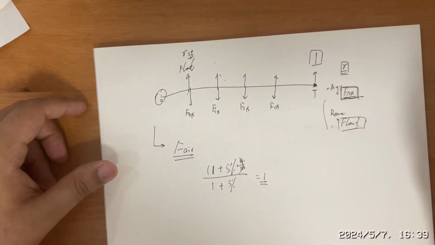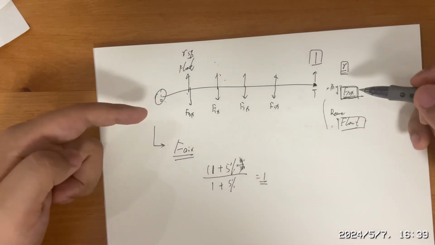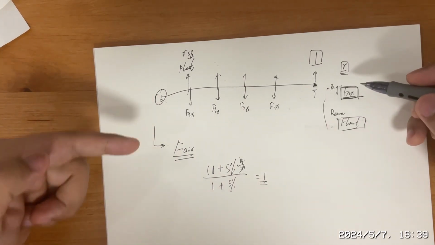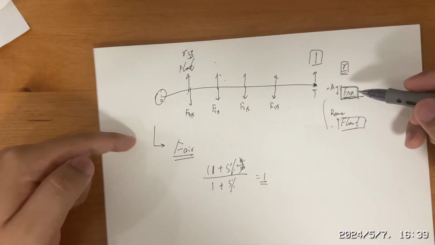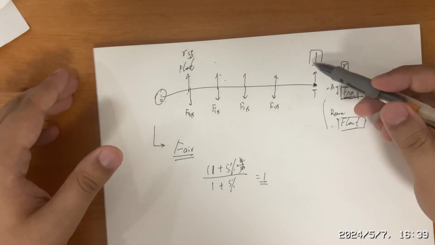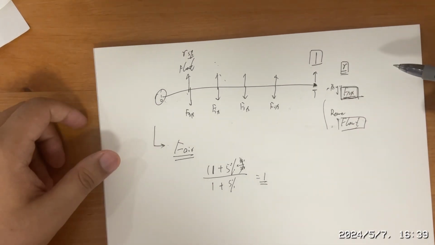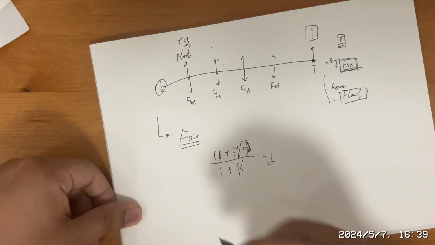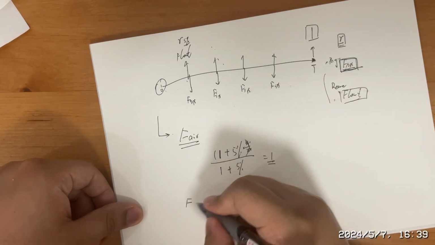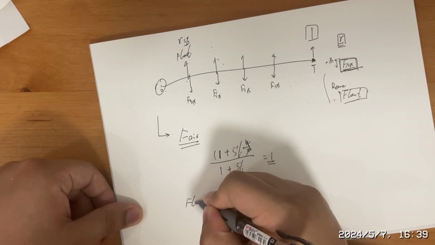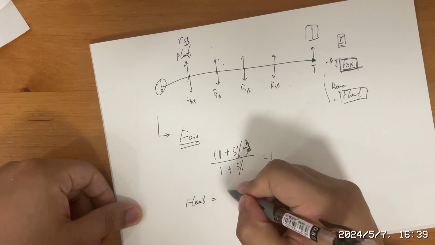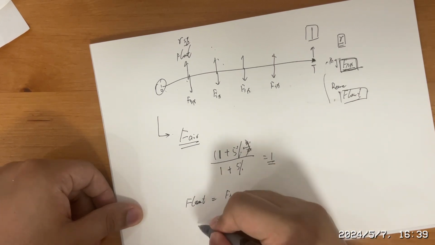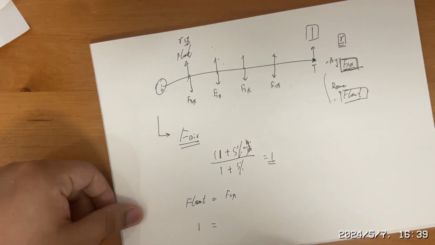You may think this is very hard, but the floating side is really simple. The floating always comes back to its principal, so the floating will be 1. Basically, float equals fix, and float is always 1. What about fix?